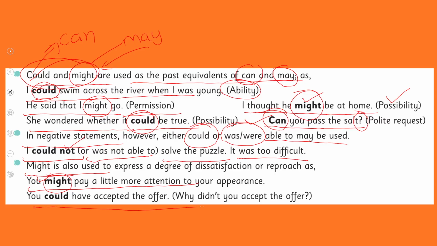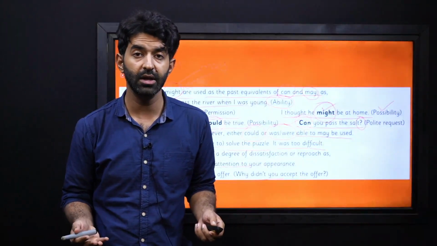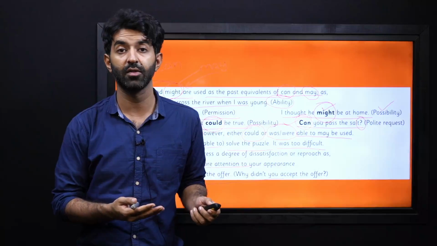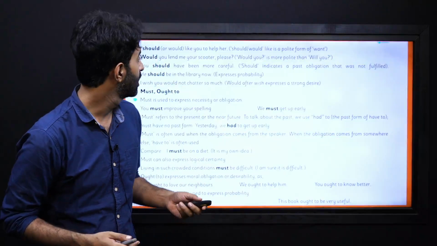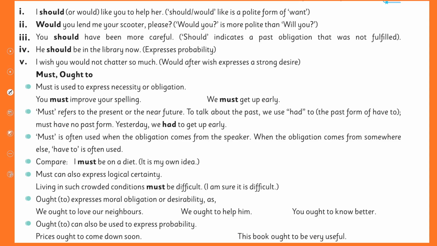You could have accepted the offer. It means that the speaker did not accept the offer. So we can say, you could have accepted the offer. There's a possibility, there's an ability, but it is in the past. Now, students, I should like you to help her.